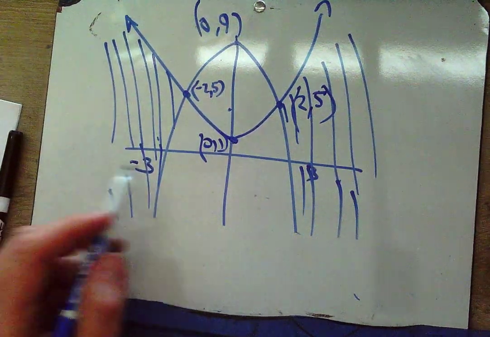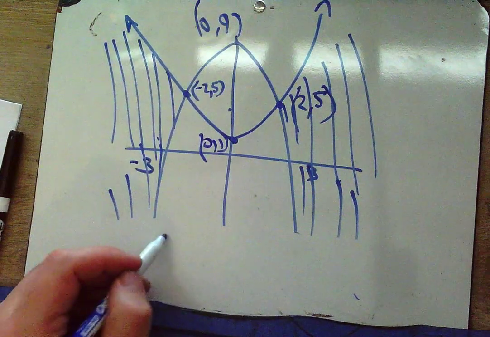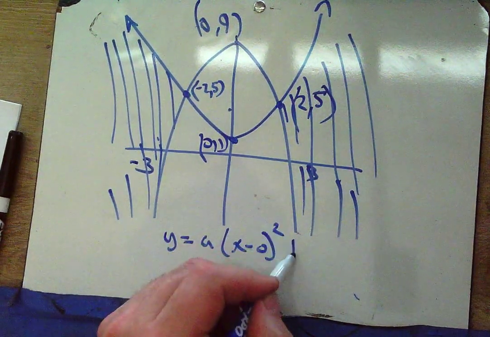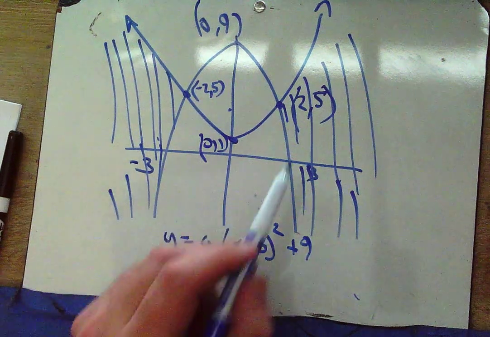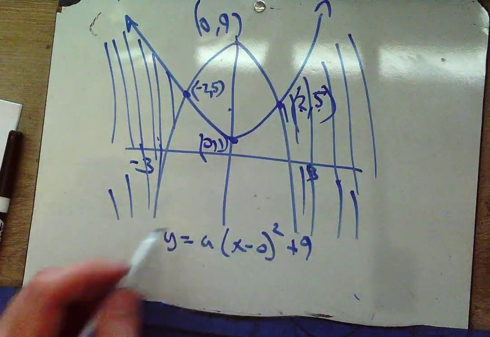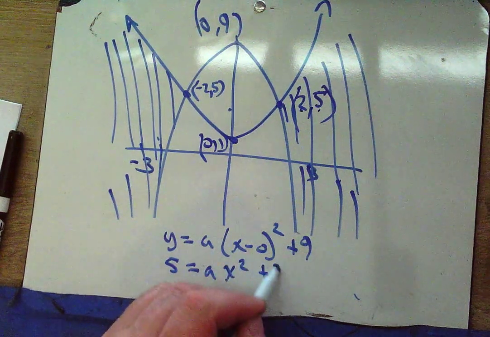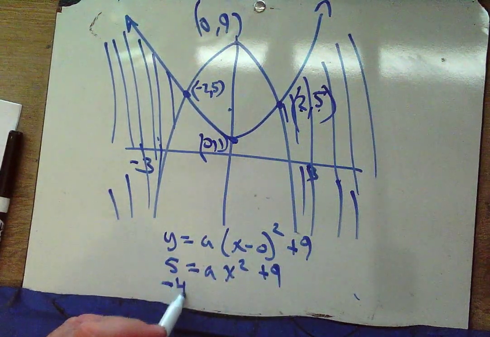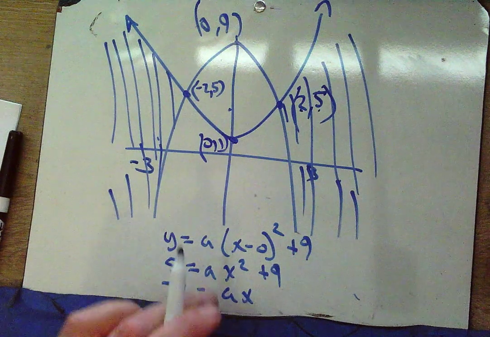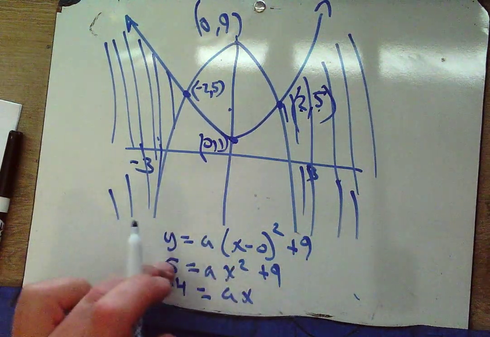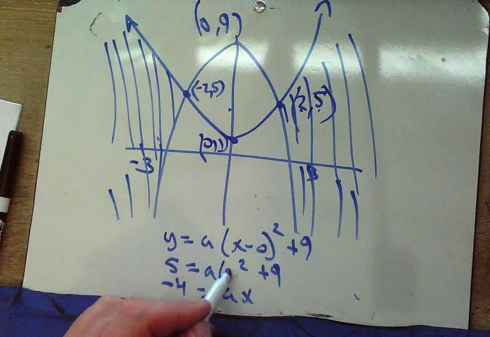Okay, welcome back. So the down-pointing parabola is y equals a, x minus 0 squared plus 9. And if I plug in 2, 5, the 5 equals a, x squared plus 9, or negative 4 equals, oopsie, I plugged in a 2, 5, sorry.